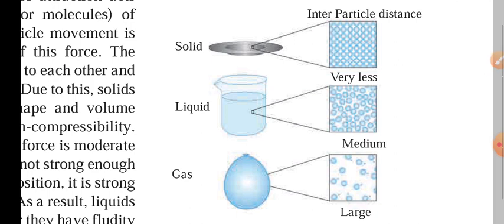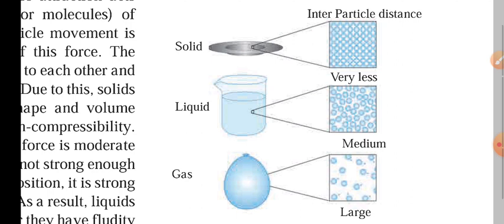Simply, if I say one bucket is filled with sand, in sand the particles are very close to each other, so the weight will be much higher. But if I fill it with cricket balls, the vacant spaces will be more. And if I fill it with footballs, the vacant spaces will be much higher as compared to all the previous ones.